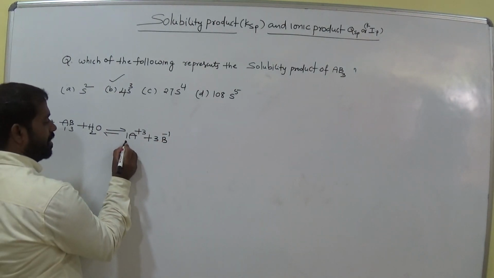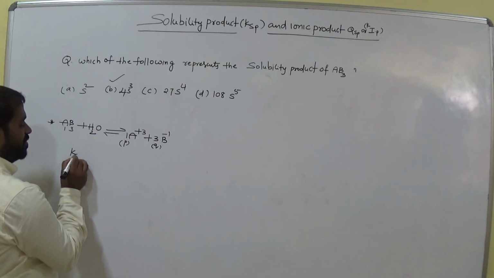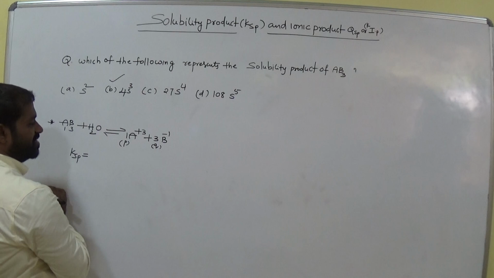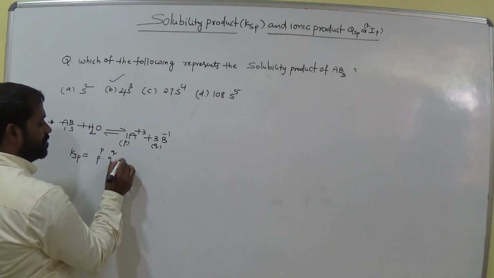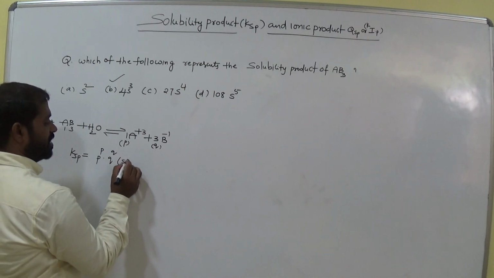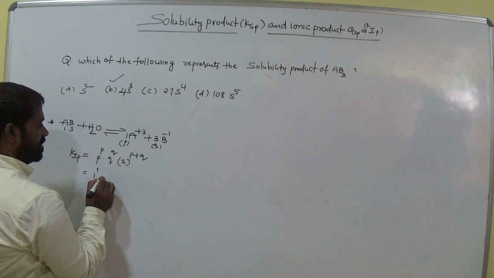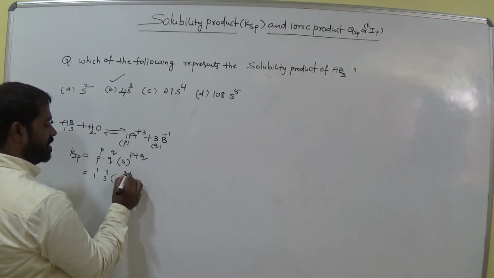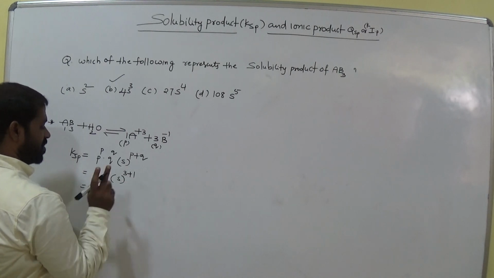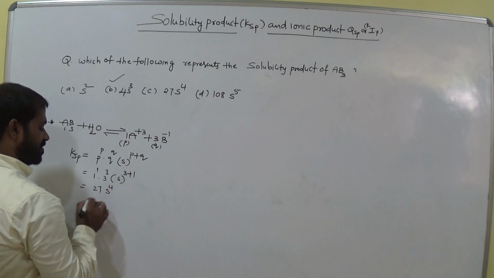Now this is P and this is Q. So the solubility product is equal to how much? P power P, Q power Q, S whole power P plus Q. So 1 power 1 and 3 power 3, S whole power 3 plus 1. 1 power 1 means 1, 3 power 3 means 27, S power 4.